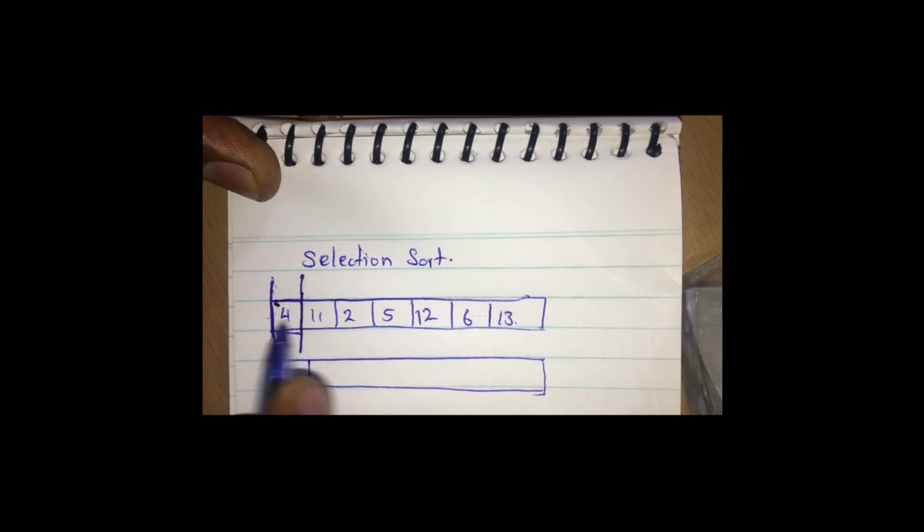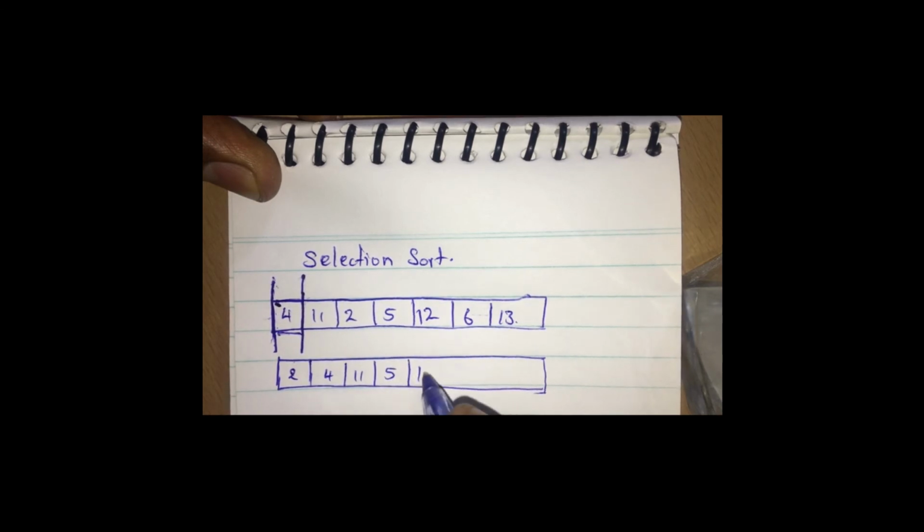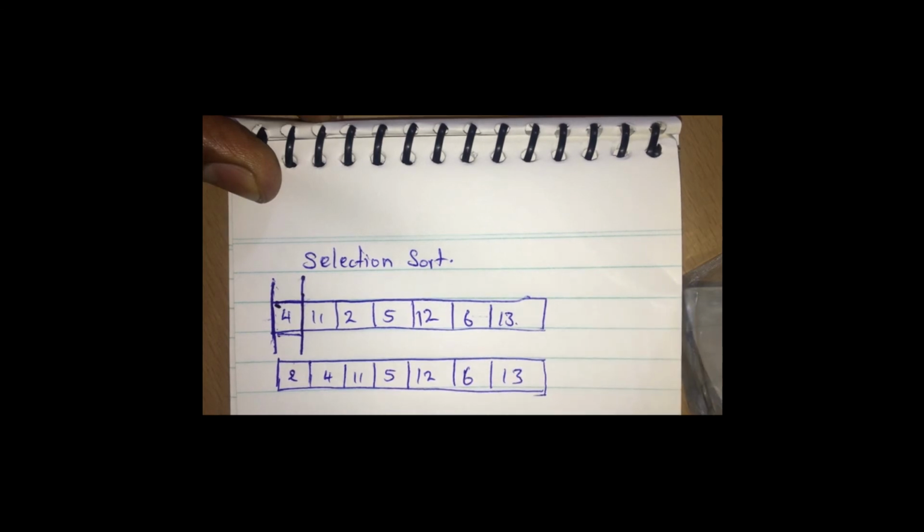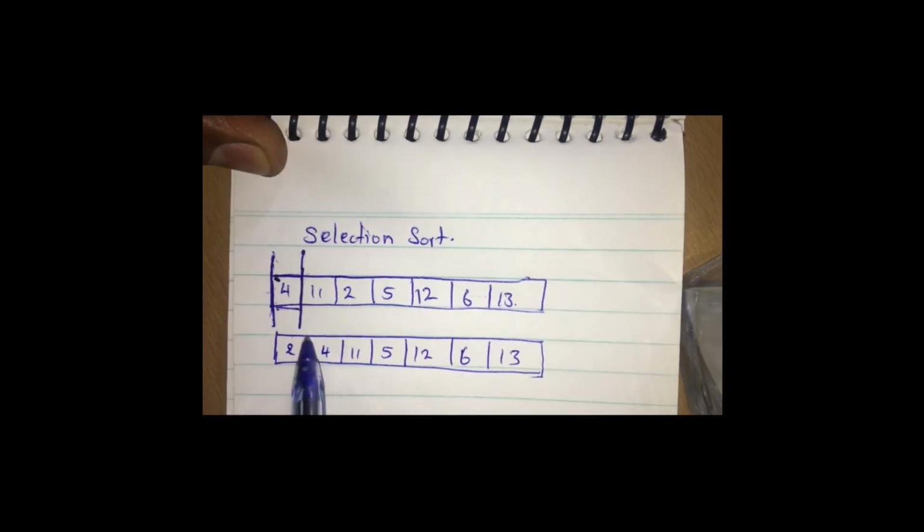The least element around this whole array is 2, so we shall just put 2 here, followed by 4, 11, 5, 12, 6, then 13. Then our line was here, we move it to the next step. We look for the next smallest element, which is 4.